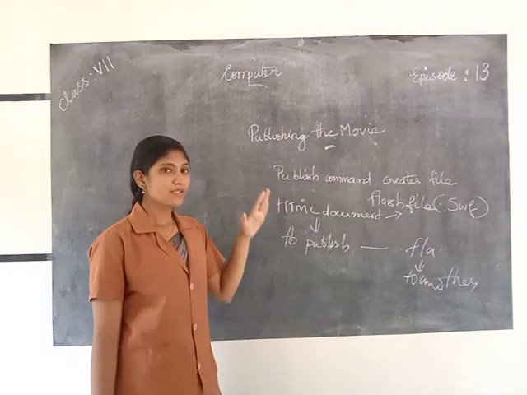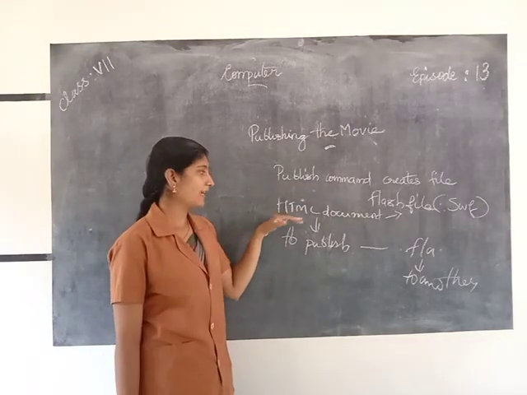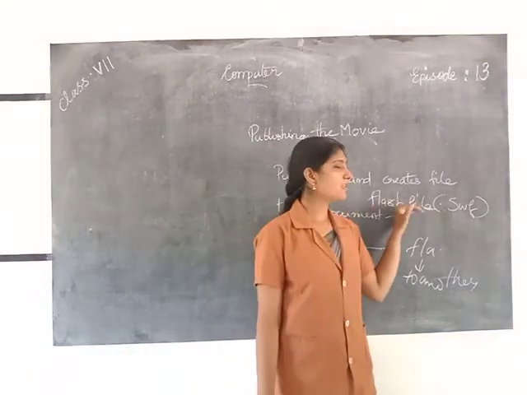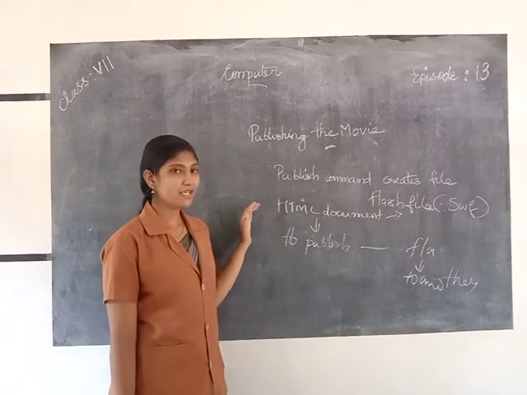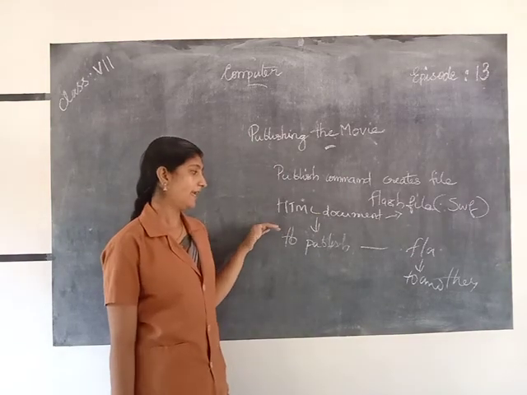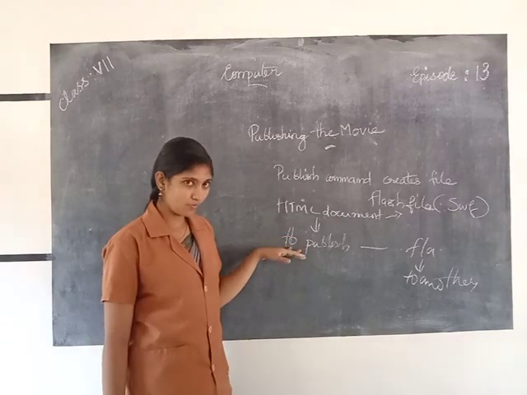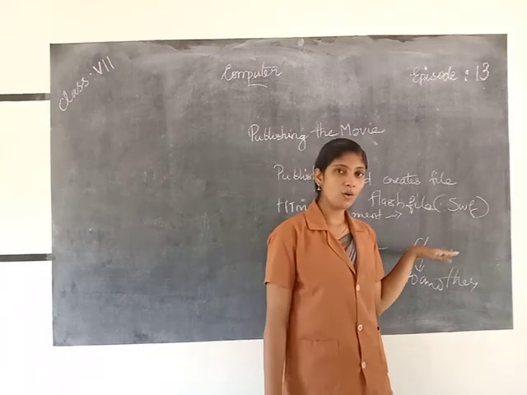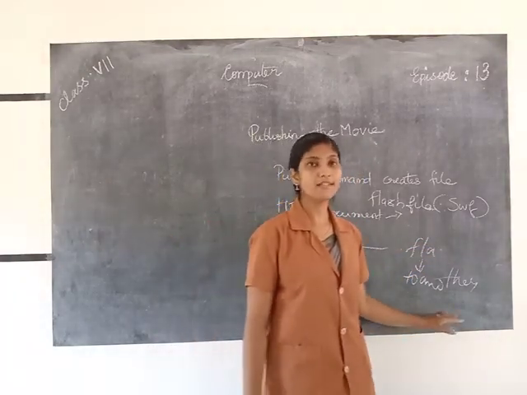Remember that this Flash file is kept by the HTML document, which keeps it in a media player file. And if you want to publish this movie to an audience, the default extension is .fla, the Flash file. You can convert it into another format.